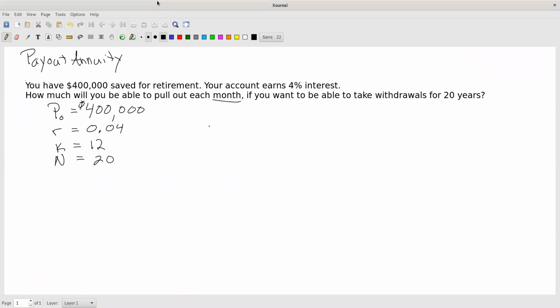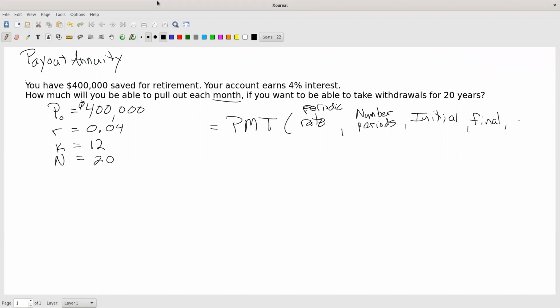And the PMT function for the spreadsheet wants to know what's the periodic rate, the number of periods, that would be the total, the initial value, and the final value.